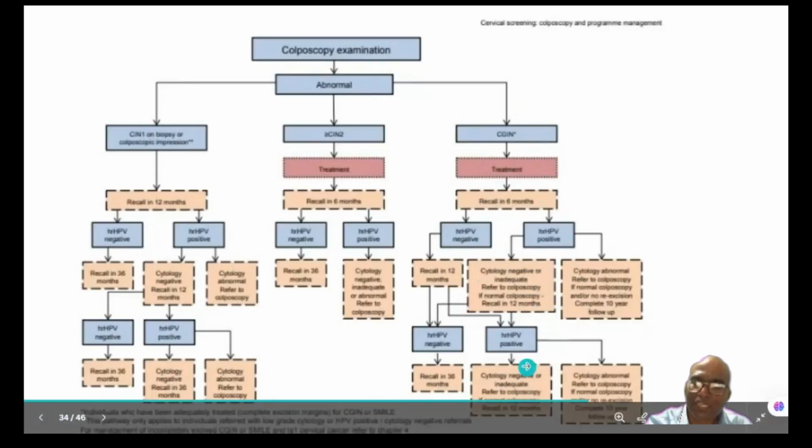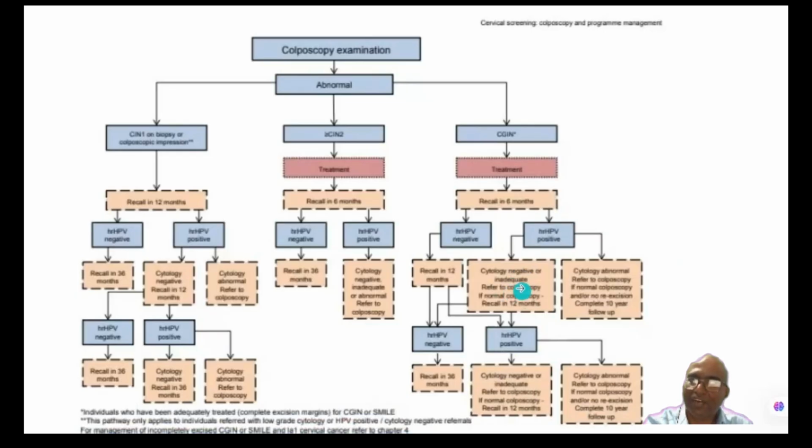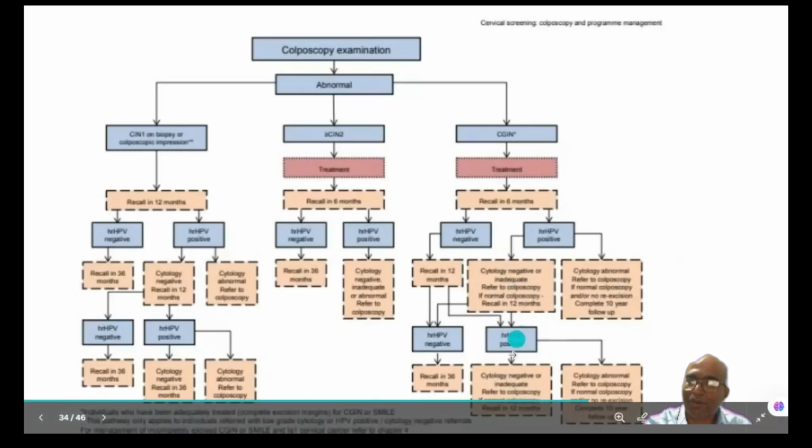Similarly if the first TOC is normal but the second is positive, HRHPV is positive, cytology is negative or inadequate, then she will be referred for colposcopy, and if the colposcopy is normal, then recall in 12 months. So these patients will be for colposcopic follow-up at 12 months.